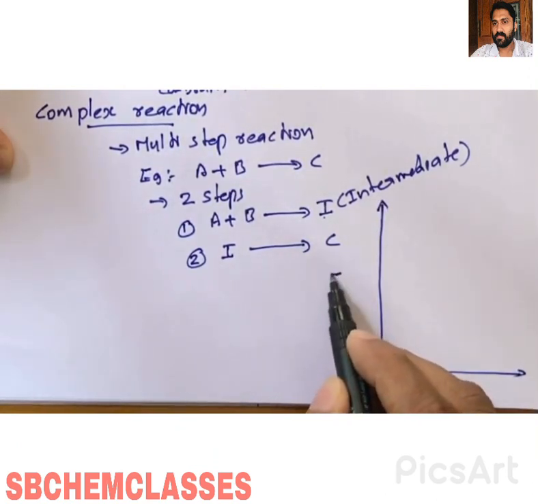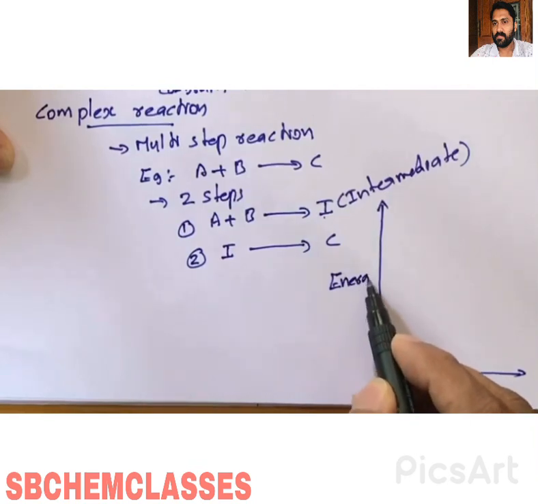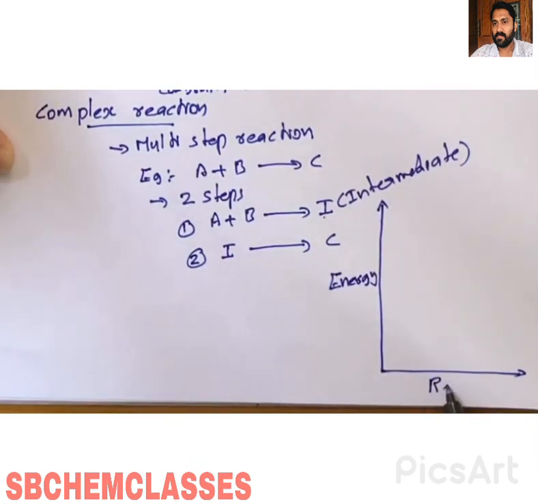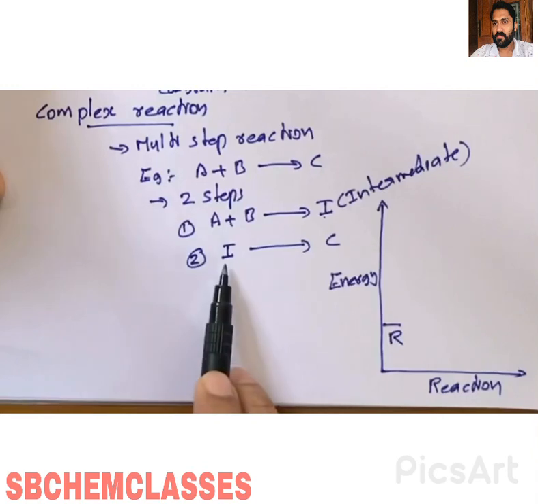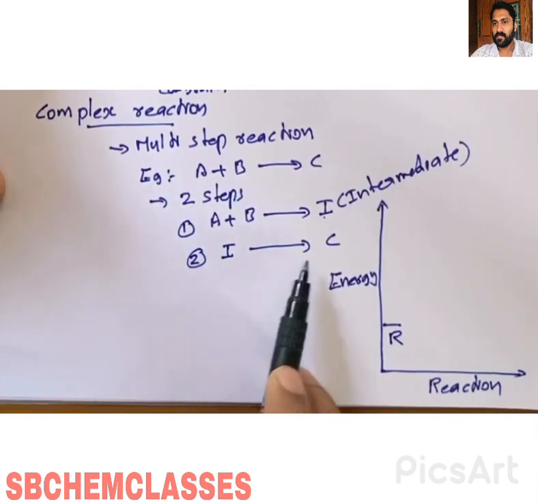The same graph between energy and reaction coordinate. Reactant molecules combine together to form the intermediate in one step. That intermediate is transferred to product in another step.